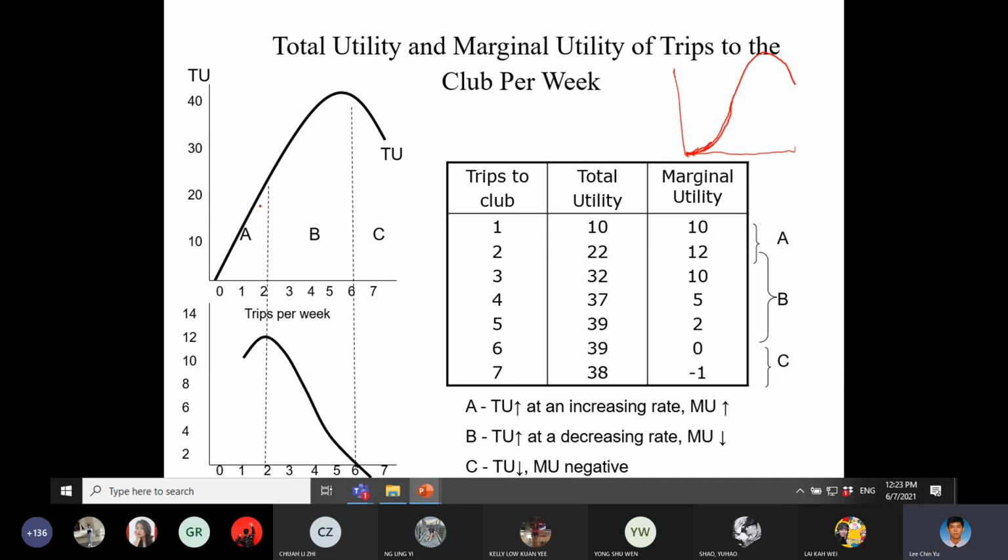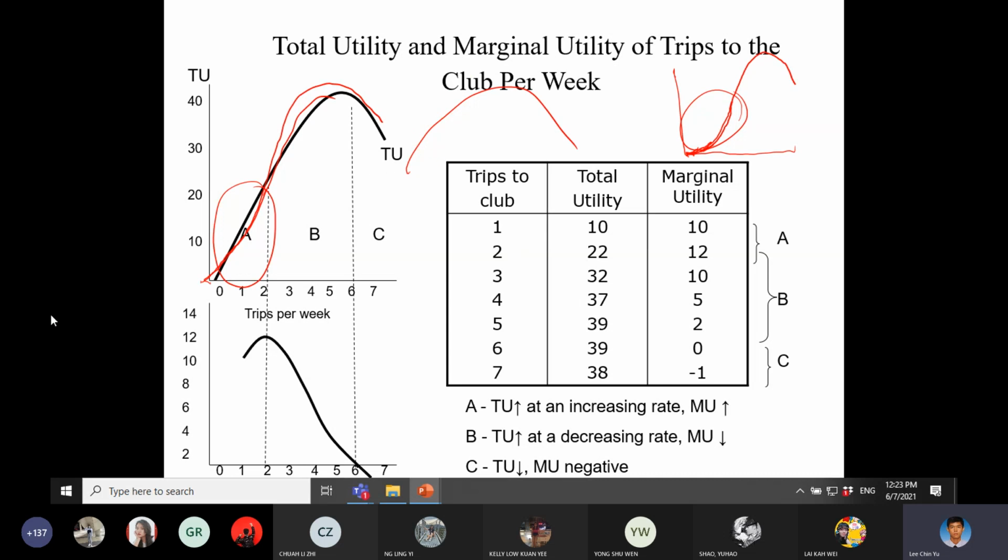In the lecture slide, this part by right should be something like this. This part only, because some of you like to draw it differently, which doesn't show increasing at an increasing rate and then increasing at a decreasing rate. You cannot draw like this.